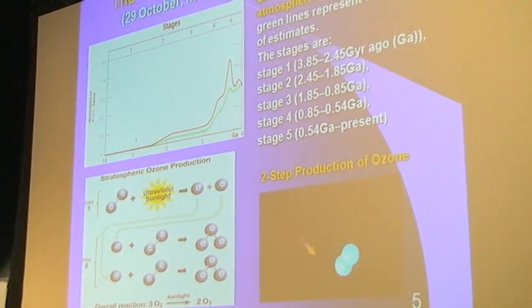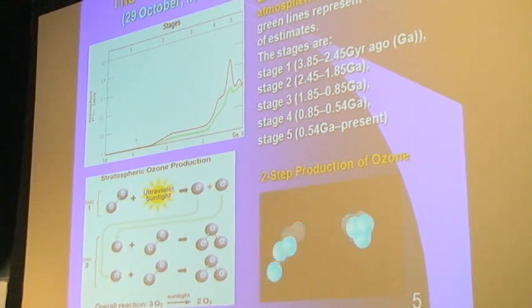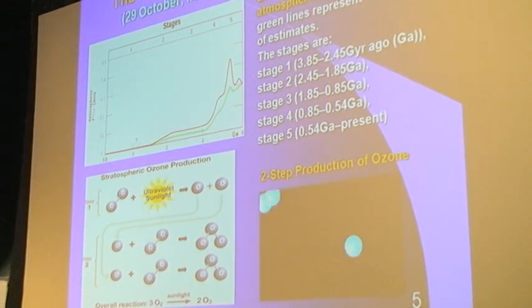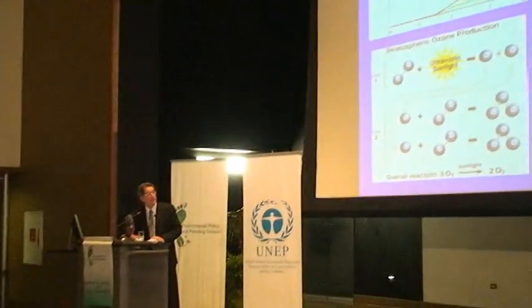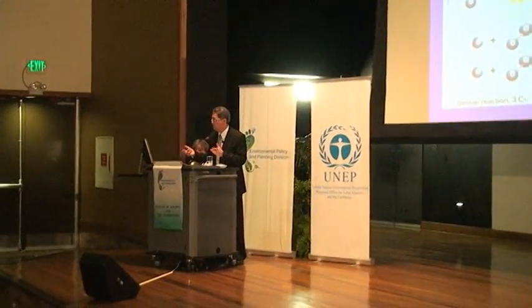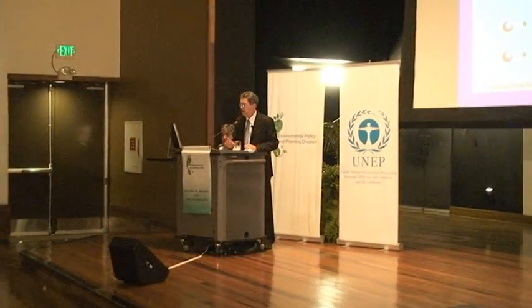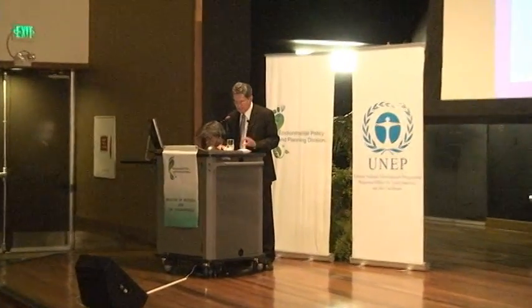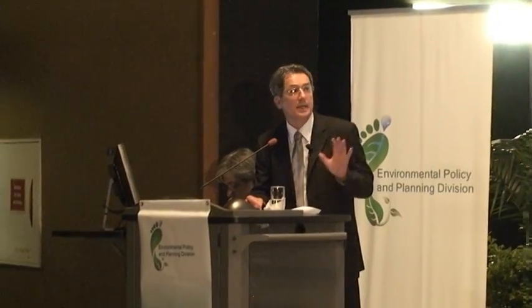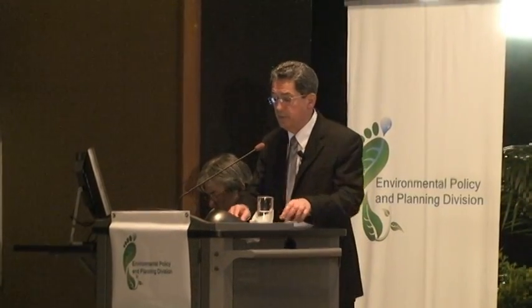And this is a continuous process that goes on and on. So the ozone is naturally produced in this two-step continuous production cycle. It is even hard for us to believe that this fragile system, which is permanently destroyed and created, can protect us from the harmful rays of the sun.